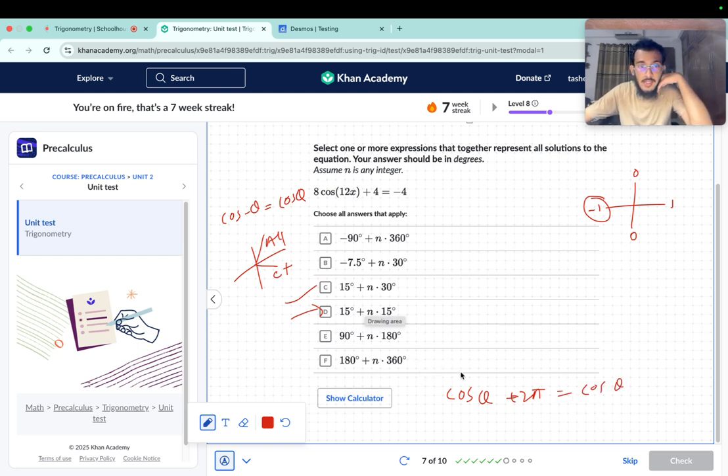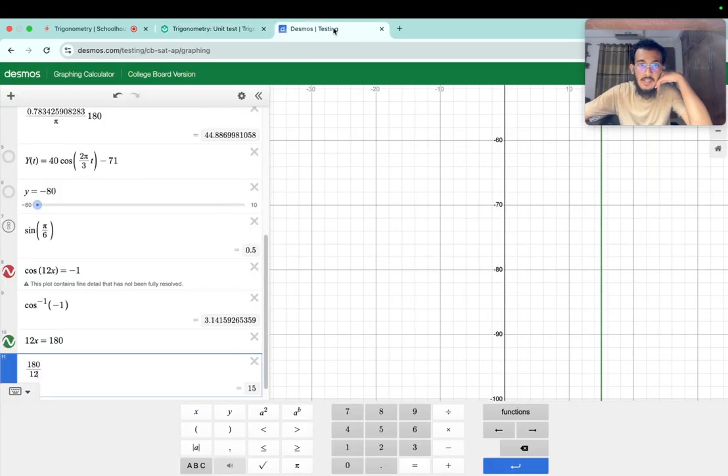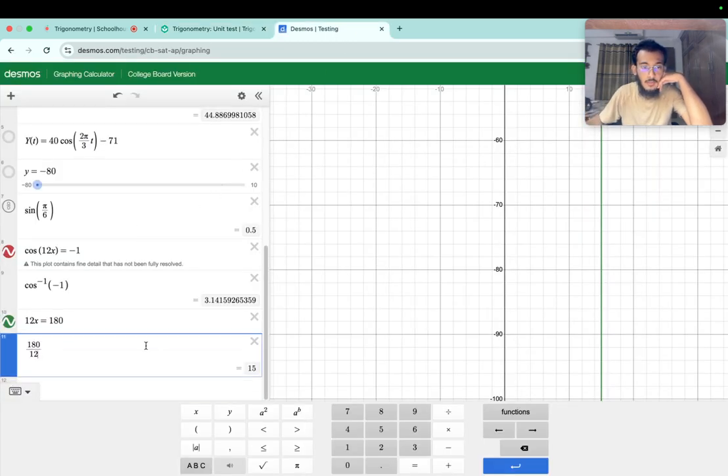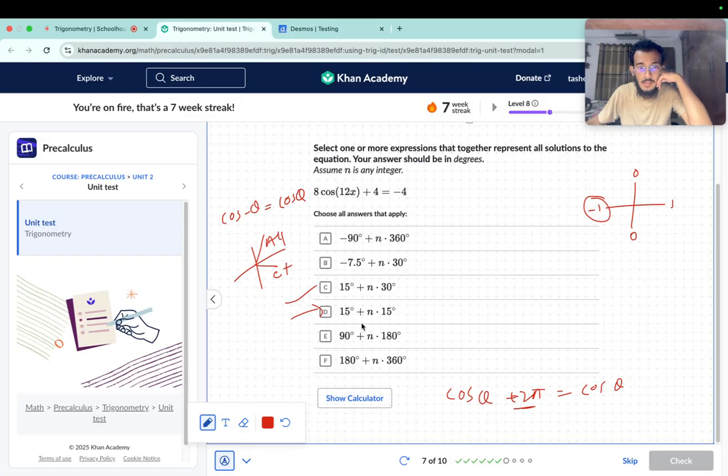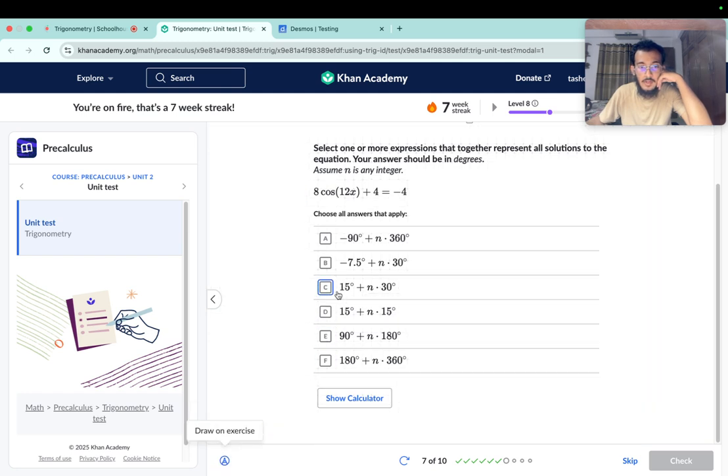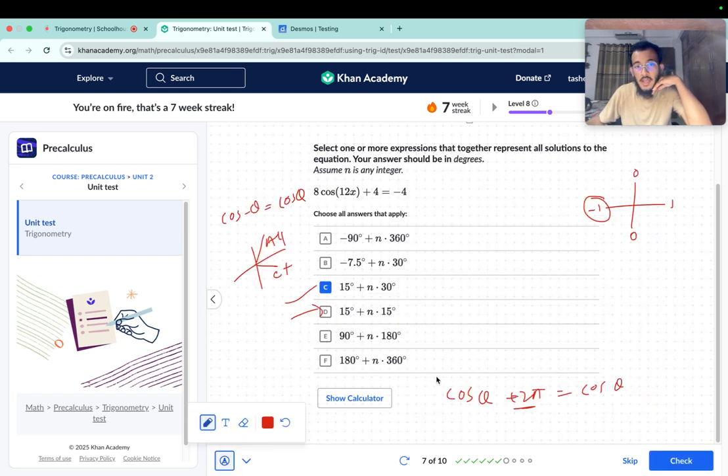So we have to use these identities now. If we use this identity, 2 pi, which is 360, and divide that by 12, 360 divided by 12 is 30. Which means C is one of our answers for one identity. As for the second one, cos negative theta would be the cos of theta.